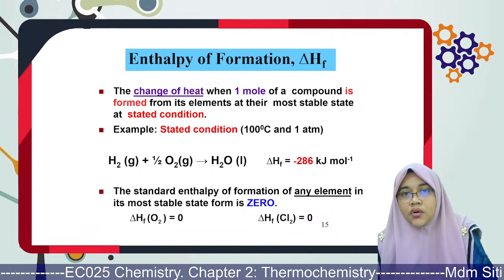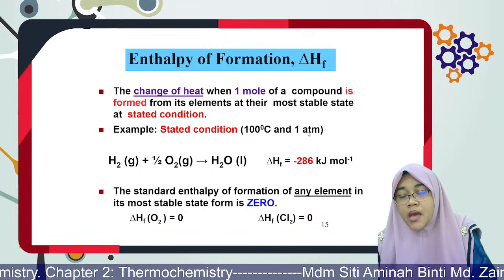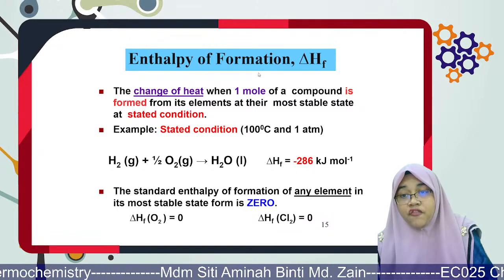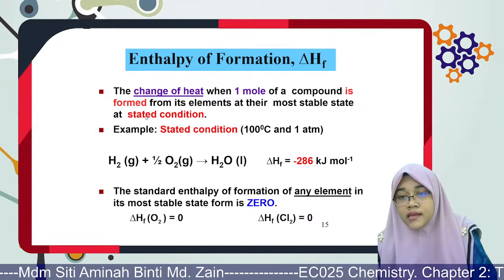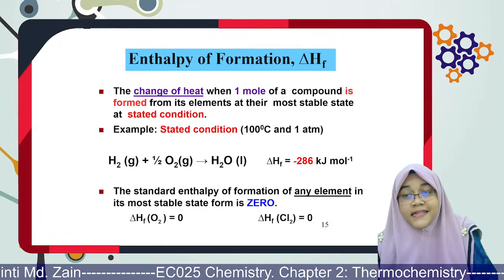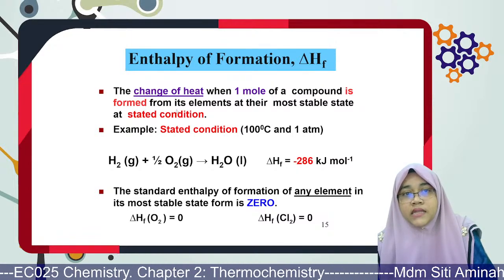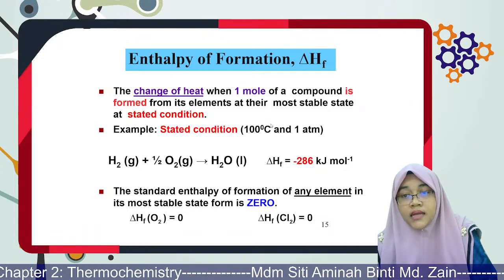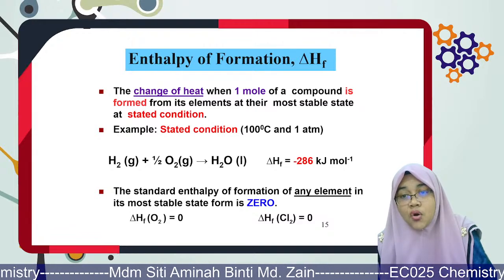And these stated conditions may be 100 degrees or 1 atm. But when you're talking about standard enthalpy of formation, you must mention 298 Kelvin and 1 atm. So at stated conditions, it depends on what kind of question you are discussing, what the temperature and pressure data of the reaction are.